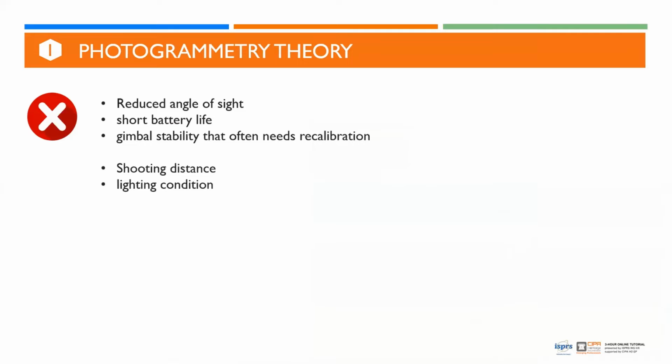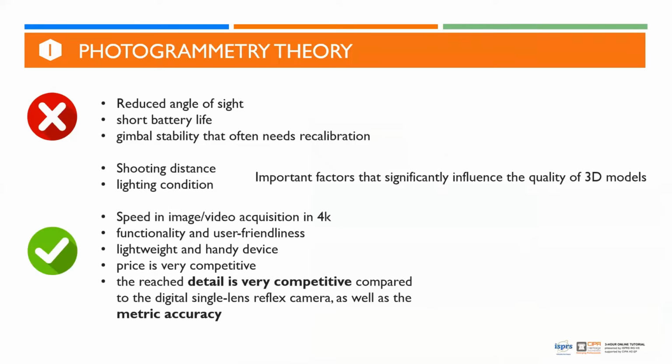We will have to take into account many different parameters, like, for example, shooting distance, lighting condition, and so on. These are important factors that can influence the quality of our 3D models, but we have many advantages.